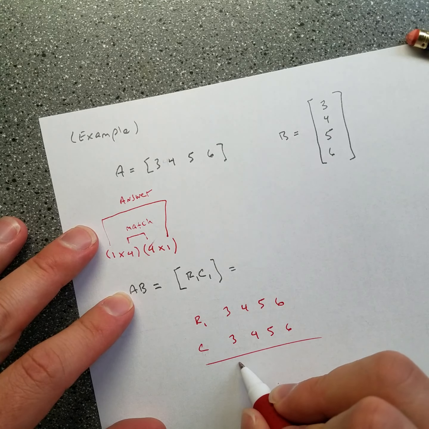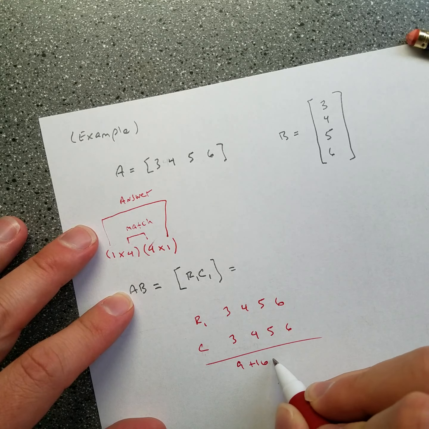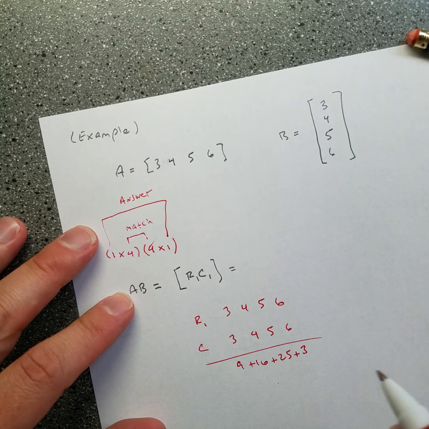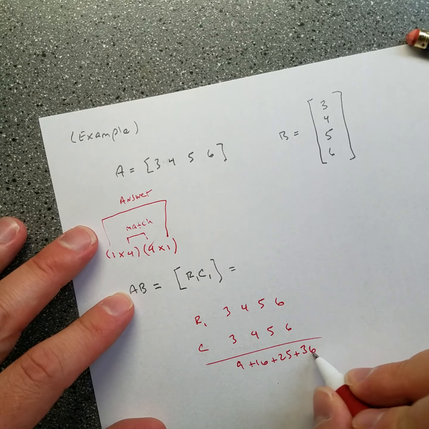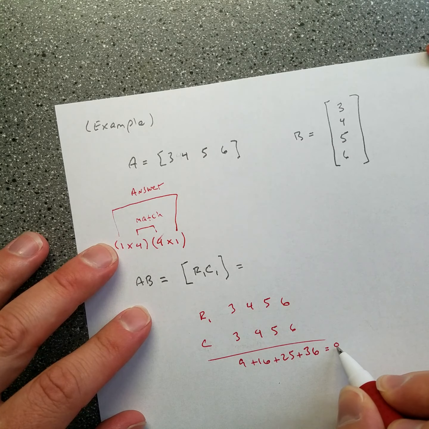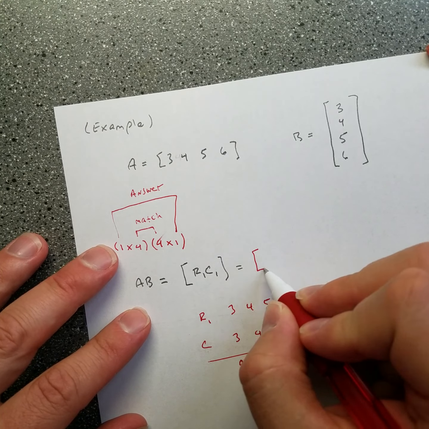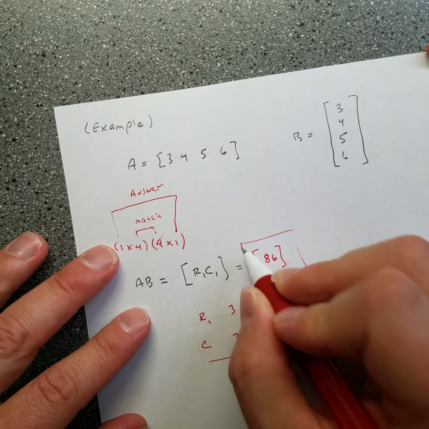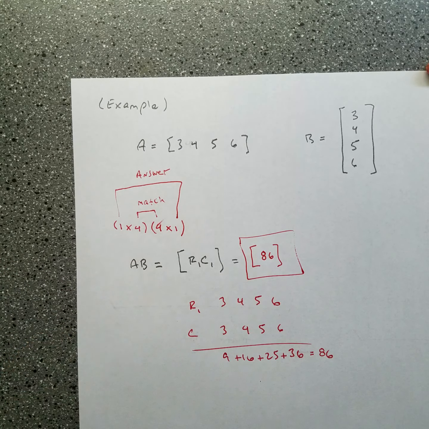Okay, so we'll get 9 plus 16 plus 25 plus 36. And so we add all that together, we get 86. Okay, so answer: a 1 by 1 matrix with just the number 86 in it.